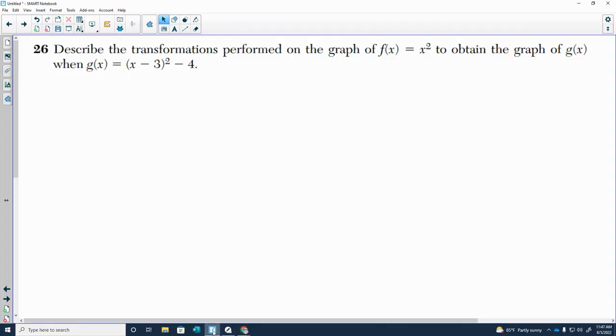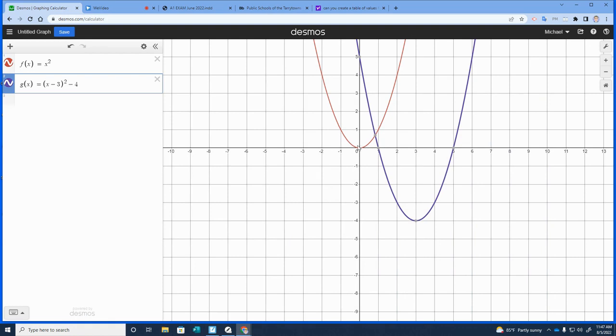And now I'm going to look at my original, which is f of x equals x squared, and I'm really going to check out my vertex, right? The vertex is where it changes direction, and I can see in that original x squared, it's 0, 0. Now, if I say, well, what kind of transformation? How was this other parabola, the purple one, how did it move?